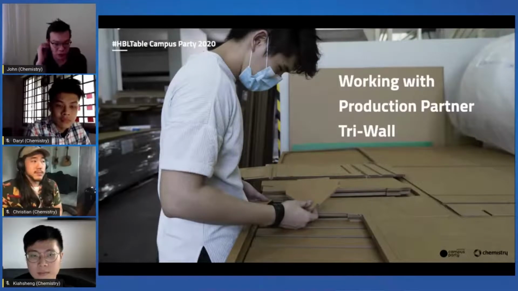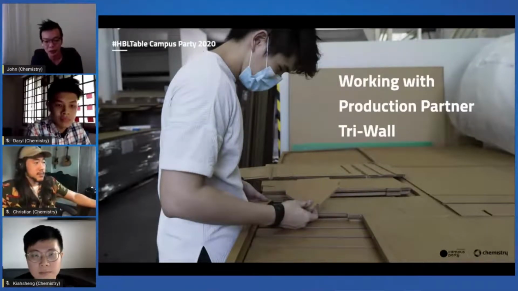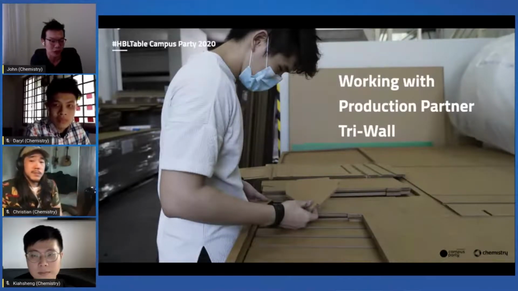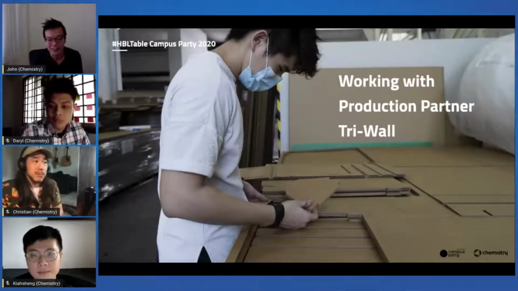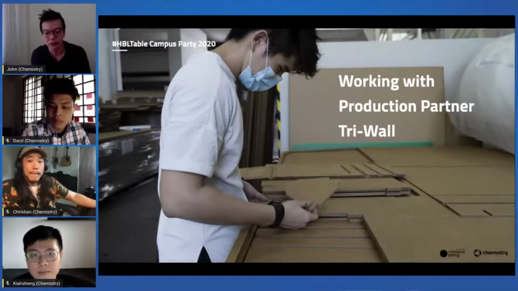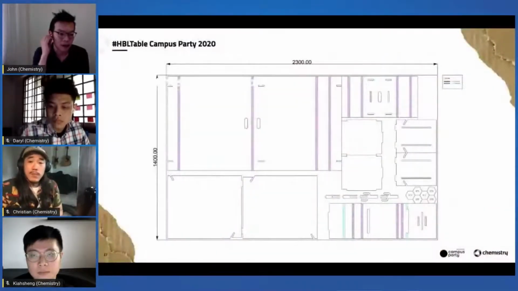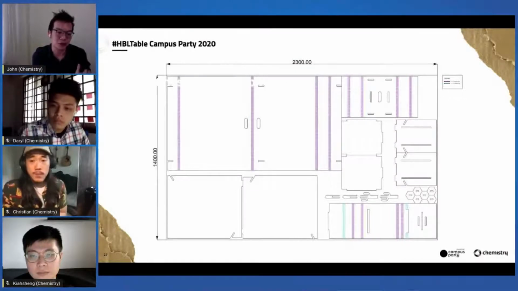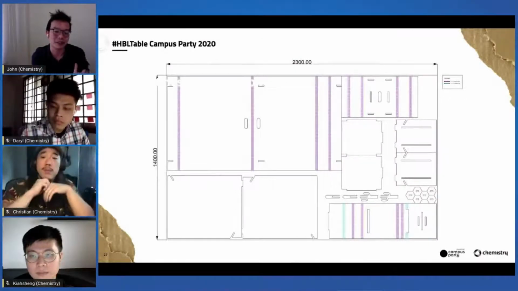But before that, we really had to make sure that the idea worked, right? And Trywall being the actual production experts, cardboard experts, we worked very closely with them to translate the concept into a production-ready final design. One of the things we had to do from the get-go was optimize this design for production.